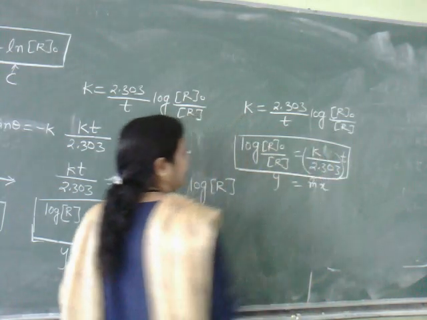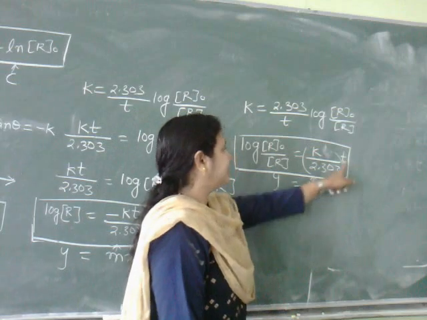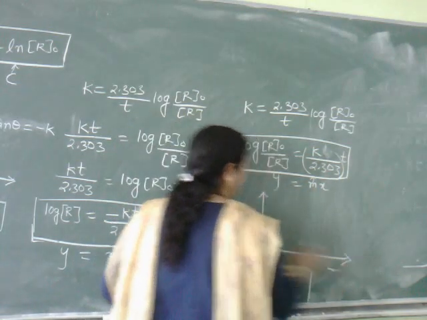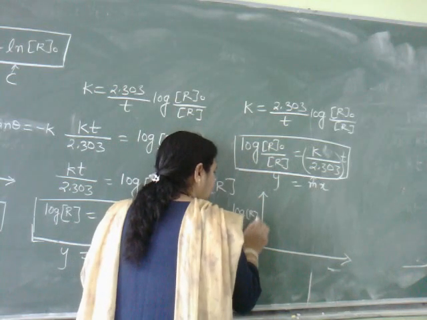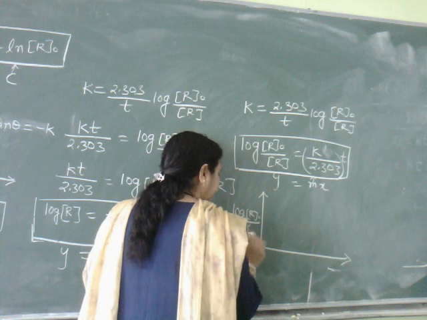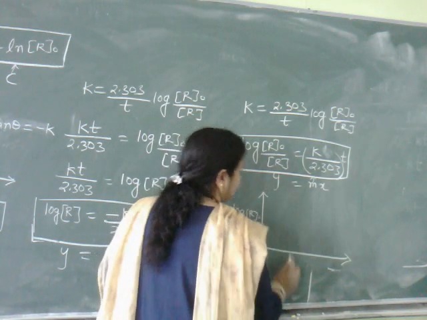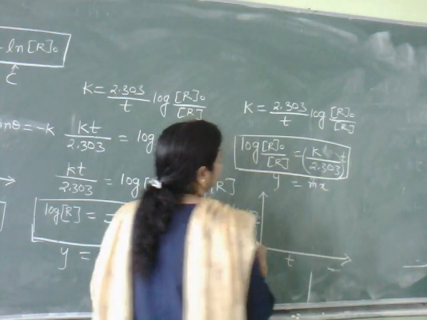K by 2.303 is m here, and t is the x axis here. So if we plot the graph for this one, how do we get the graph here? On y axis we will have log r naught by r, and on x axis we have time. And we are getting k by 2.303 here.